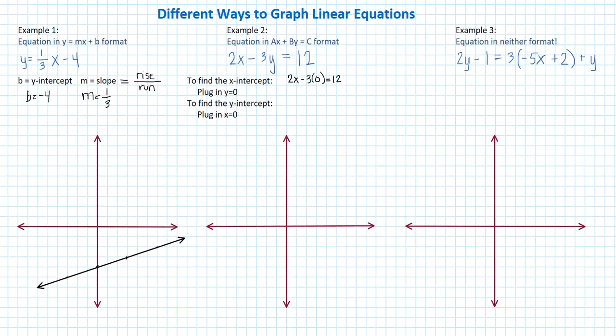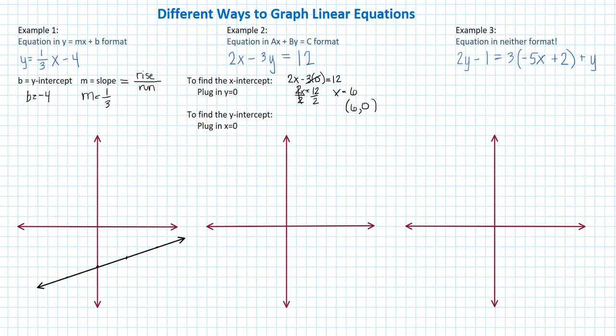So by plugging in 0 for y, that cancels, and we have 2x equals 12, and we divide both sides by 2. The 2's cancel, and we have x equals 6. So that means we have a point at 6, 0.